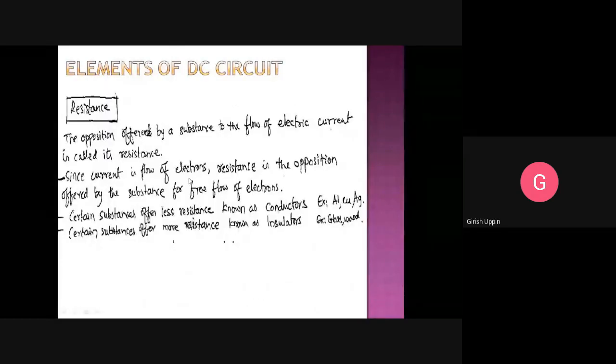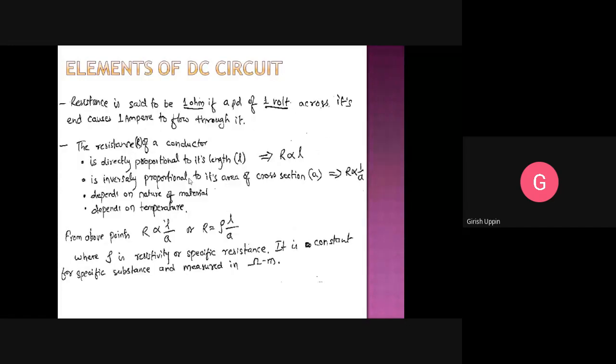Then we understood what a resistance is. Resistance is the opposition to the flow of the current in a particular circuit. There are materials with a very high resistance, and there are materials with a very low resistance. A material having very high resistance is called an insulator. Materials having very little resistance to the flow of electrons are called conductors.